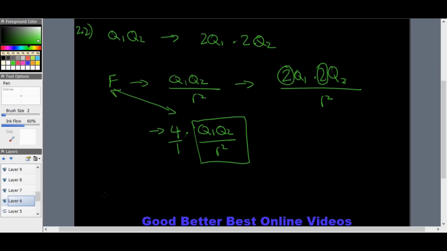So 4 times that. Therefore our answer for 2.2 is that if the charge on each sphere is doubled, then the force will be 4 times greater.